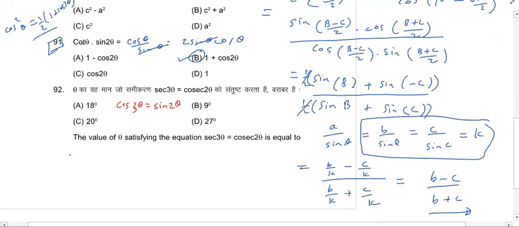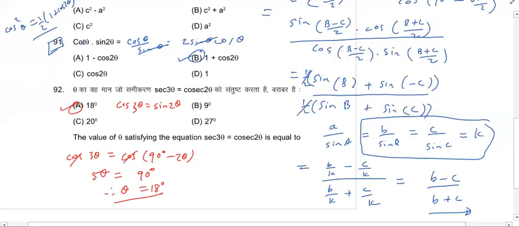So cos 3 theta is equal to sine 2 theta, which is cos of 90 degrees minus 2 theta. Dropping the cos and taking the 2 theta away, we get 5 theta is equal to 90 degrees. Therefore, theta is equal to 18 degrees. Solution is E.